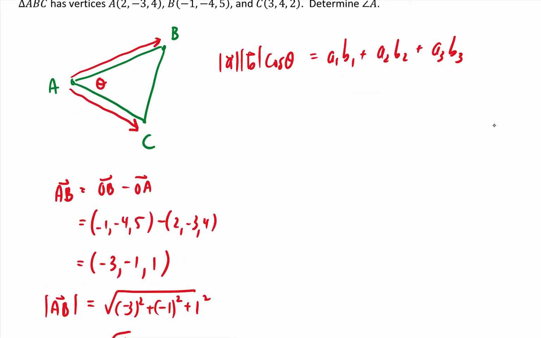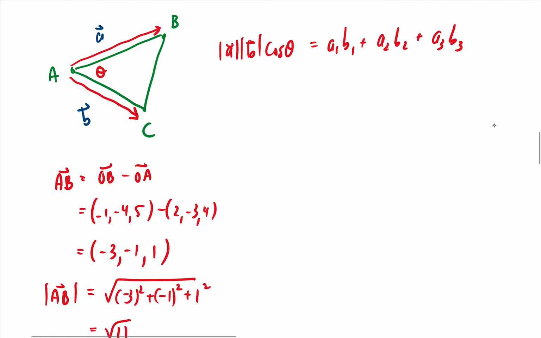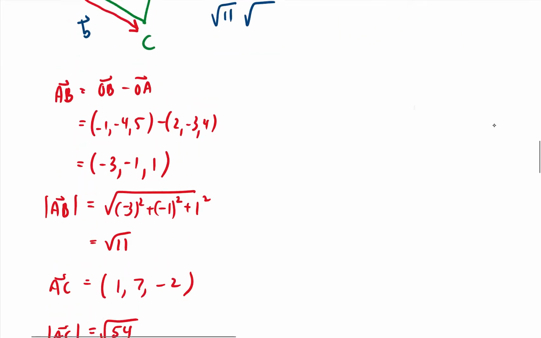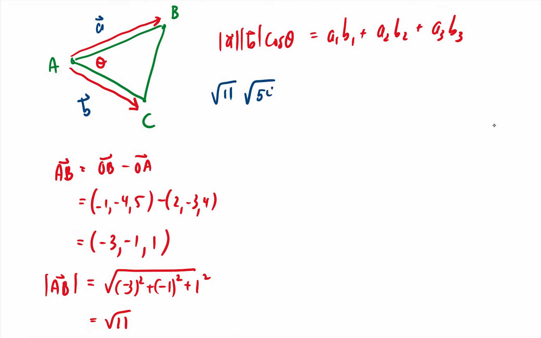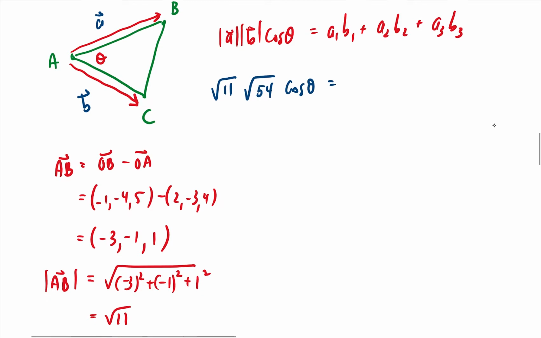So now let's use the dot product to determine our angle. So our vector A, we'll say is this vector here. Here's our vector B. So the magnitude of vector A, well, we know that's the same thing as AB, so that's the square root of 11 times the square root of, we go back to AC, that's 54, cosine of theta. And then we need to multiply the x's together for both the vectors.